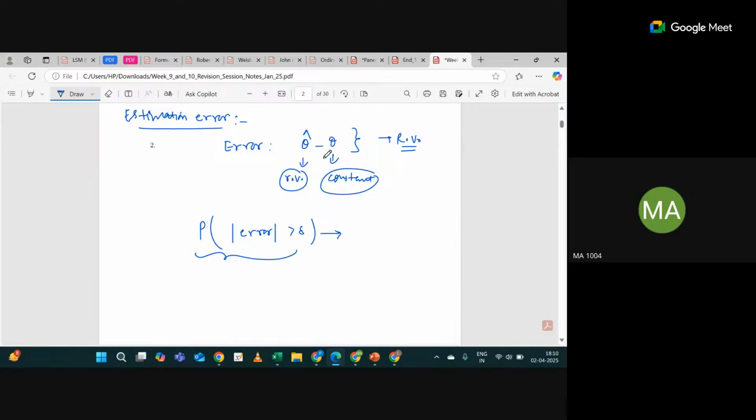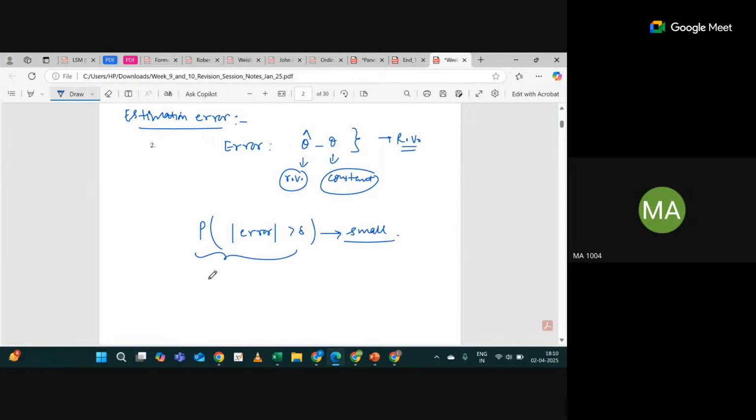When you say your estimator is good, it means it is very close to the original value, right? The difference is very close. So the probability that the absolute value of error is greater than delta should be small.